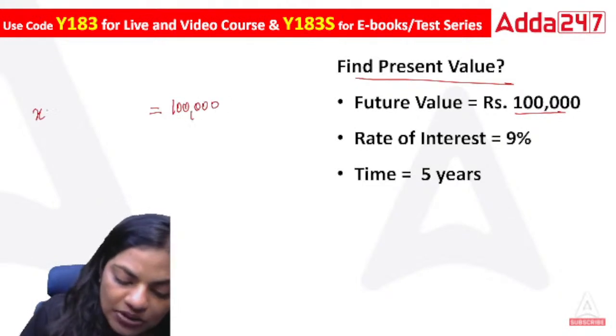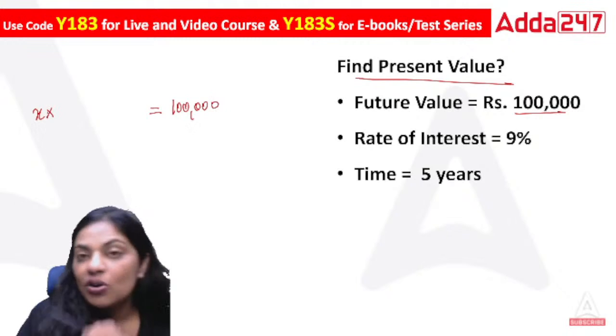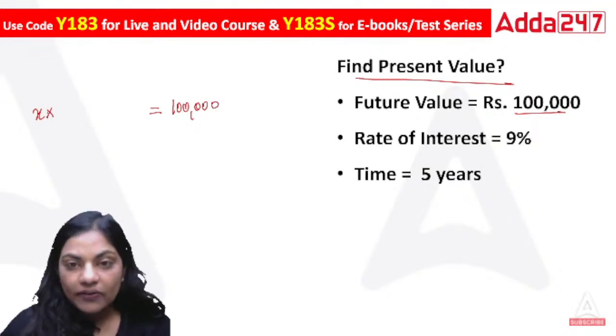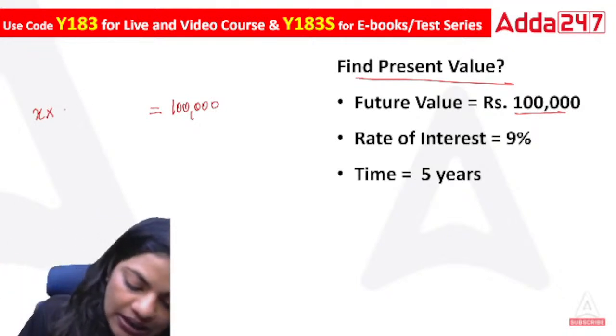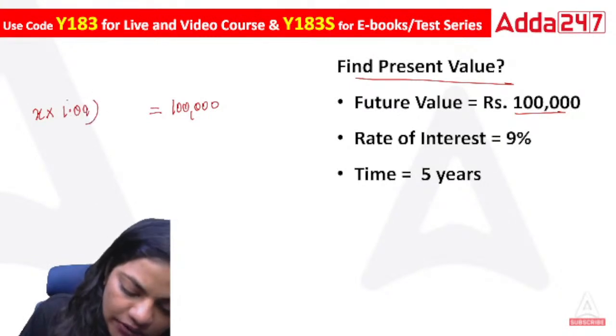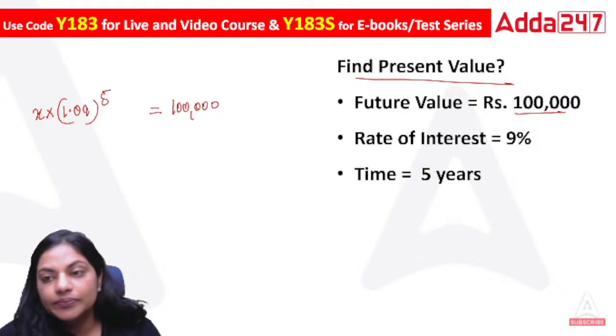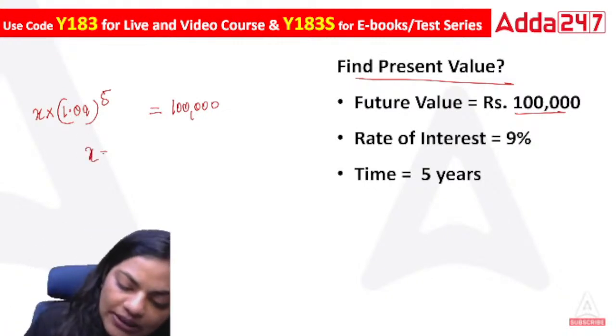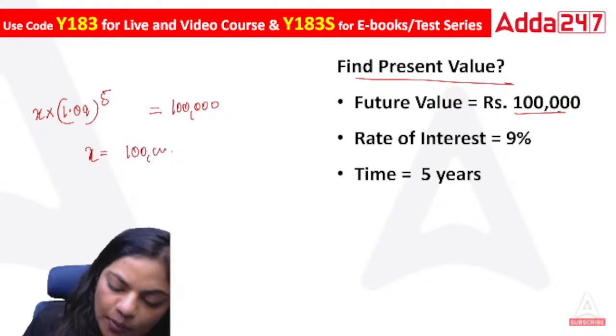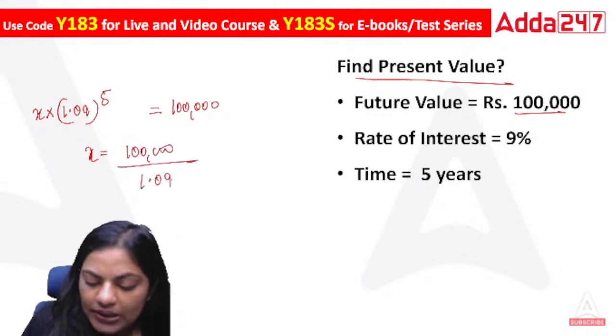For this, how much amount should be deposited today? Not in installments, not every year, not every month, today, at 9% rate of return for 5 years, so that you get an amount of 1 lakh rupees. So how will we calculate? X is future value upon 1.09 power 5.